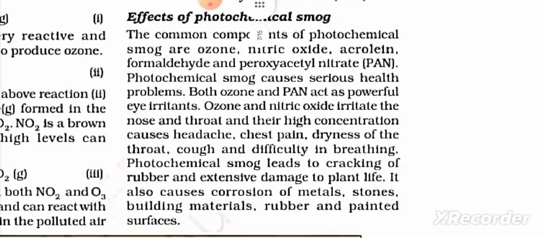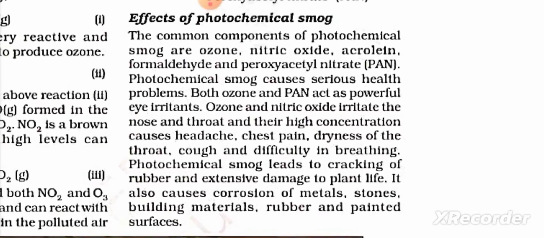Effect of photochemical smog. The common components of photochemical smog are ozone, nitric oxide, acrolein, formaldehyde, and peroxyacetyl nitrate (PAN). Photochemical smog causes serious health problems. Both ozone and PAN act as powerful eye irritants.